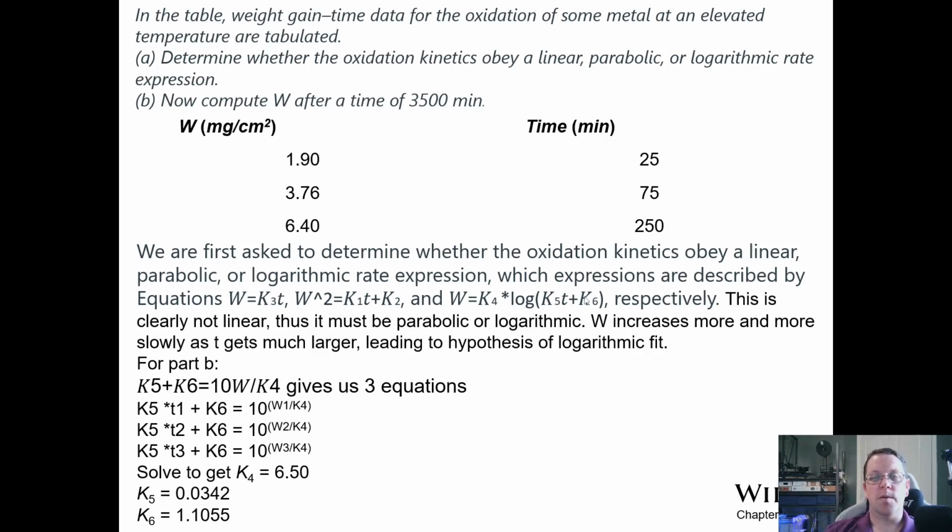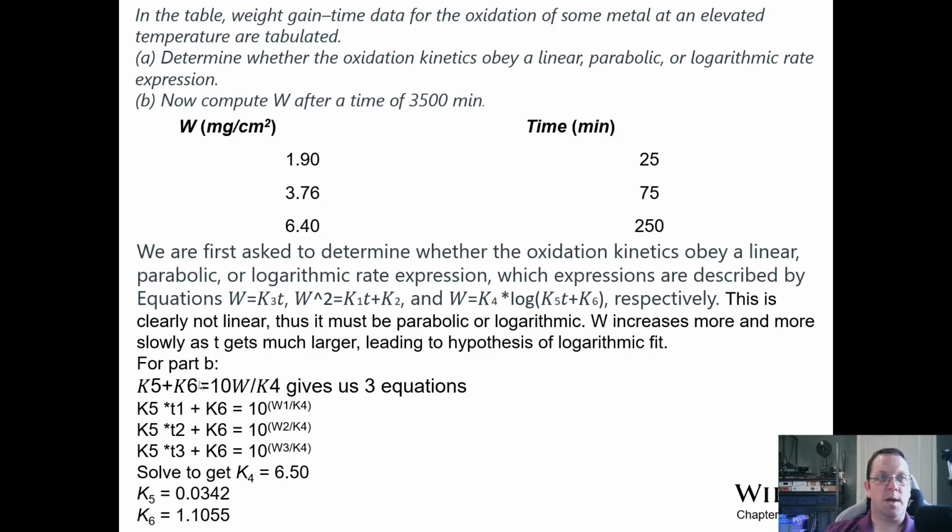So what we're going to end up determining is based on this. We rearrange our expression here for a more algebraic exponential form. So 10 to the W over K4, or W over K4. So this is our exponent here, just like it shows in the formula.